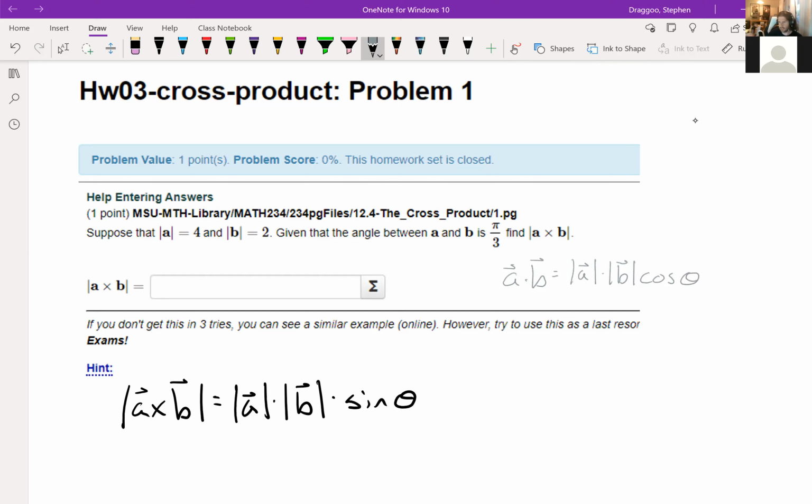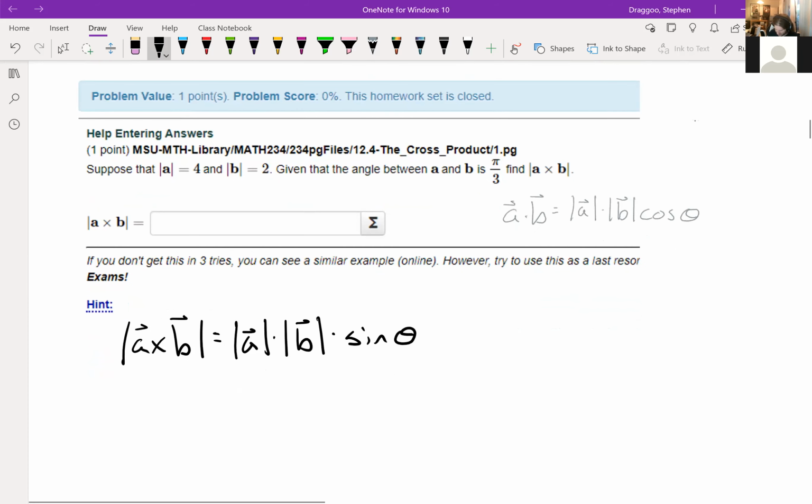One is sine theta, the other is cosine theta, and we're looking at the cross product, so we want the one that's sine theta. Which means we should just be able to plug all this stuff in and get ourselves an answer. We know that the magnitude of A is 4, magnitude of B is 2, and we're going to want the sine of pi over 3.